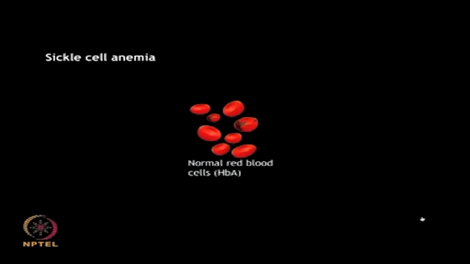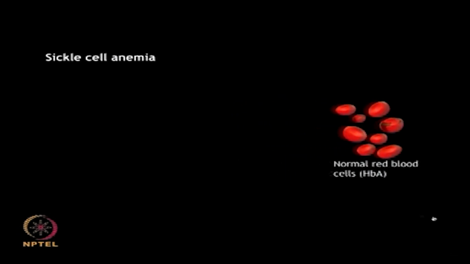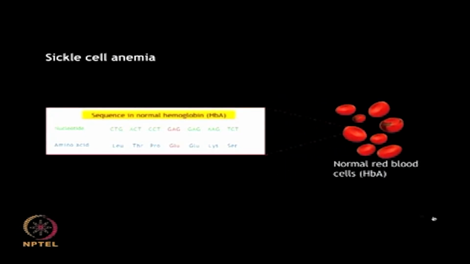A large number of mutations have been described in the globin gene. The mutation causing sickle cell anemia is a single nucleotide substitution of A to T in the codon for amino acid 6 of the beta chain. This change converts a glutamic acid residue to valine in the corresponding amino acid sequence.